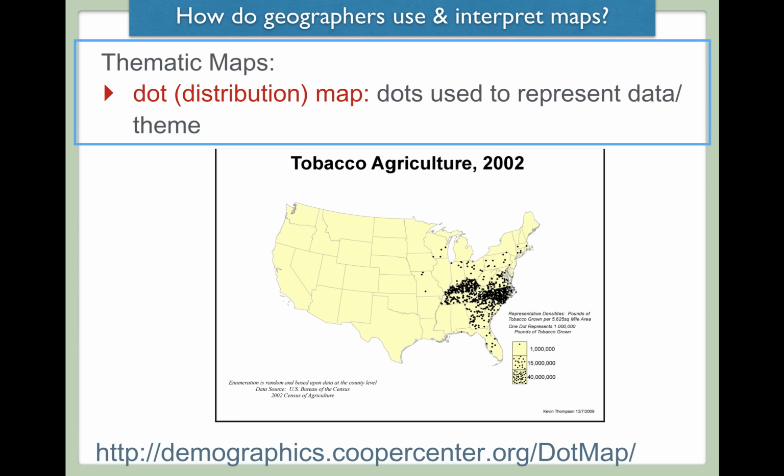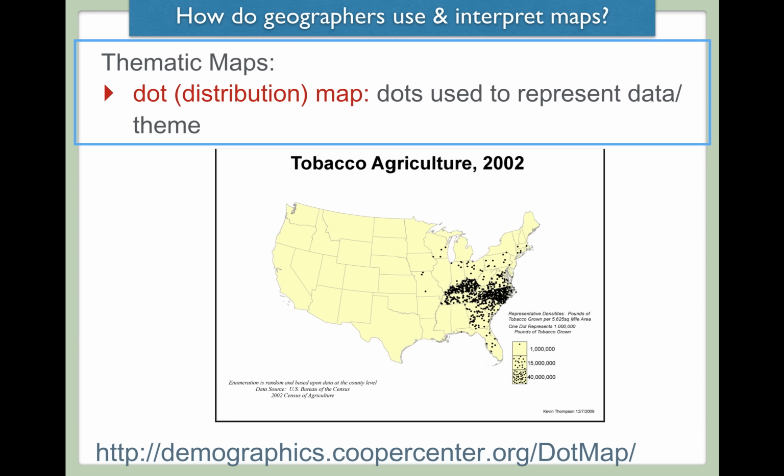Another way to show a theme is a dot distribution map, and dots represent one of something. So, for example, this is a slightly outdated map, but it was a clear representation of a dot map. You notice in the legend on the bottom right-hand side, this is showing us tobacco agriculture. When we talk about tobacco, we'll see the extent to which tobacco needs a very long growing season, which is why it's primarily grown here in the South.